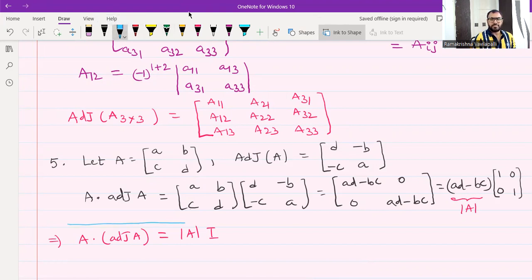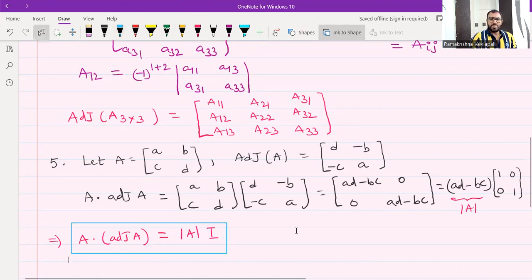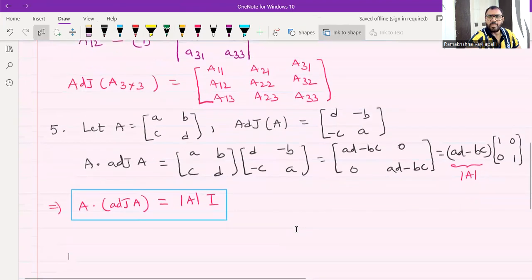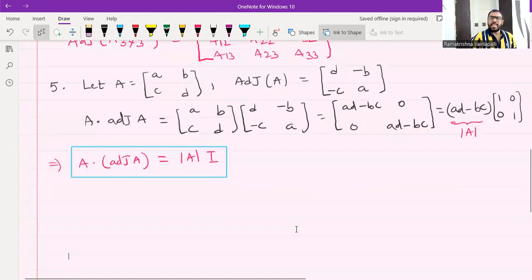Well, so now we can extend this concept up to any order of a matrix. This is not only true for 2 by 2, this is true for 3 by 3, 4 by 4, for any order.